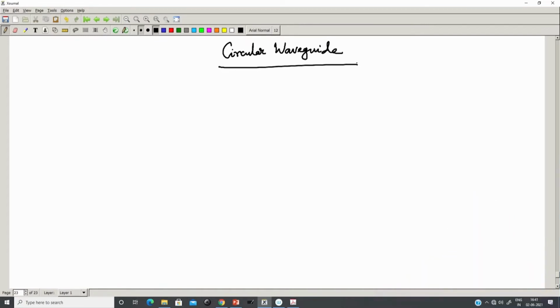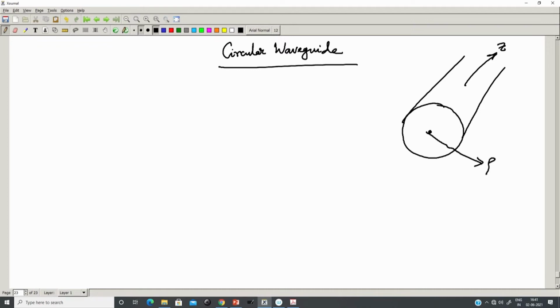So, we wrote down in 16 that the circular waveguide, this is my circular waveguide, this is the center, this is my rho, this is my phi.